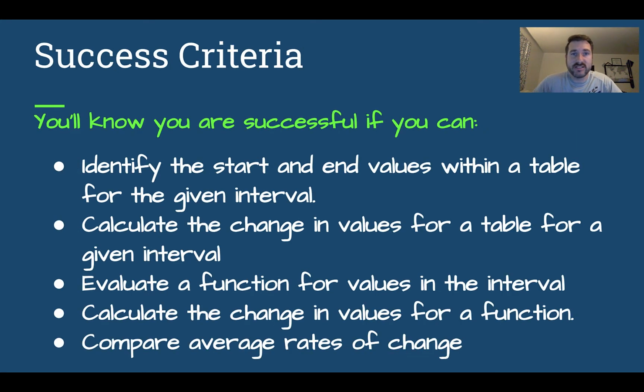You'll know you're successful after this lesson if you can identify the start and end values within a table for the given interval, calculate the change in values for a table for the given interval, evaluate a function for an interval, calculate the change in values for a function, and compare the average rates of change.